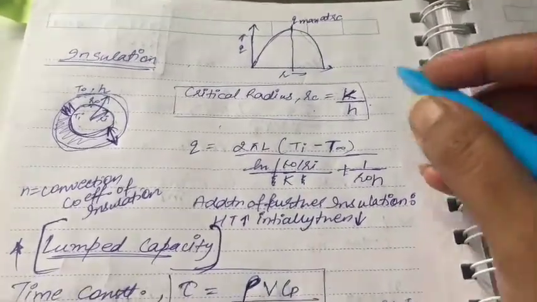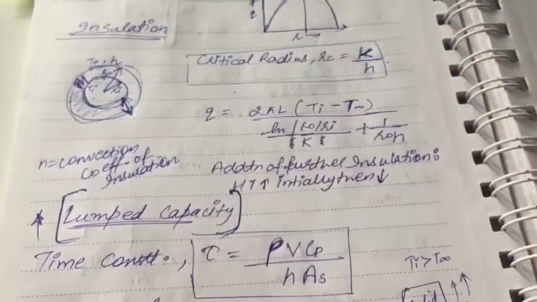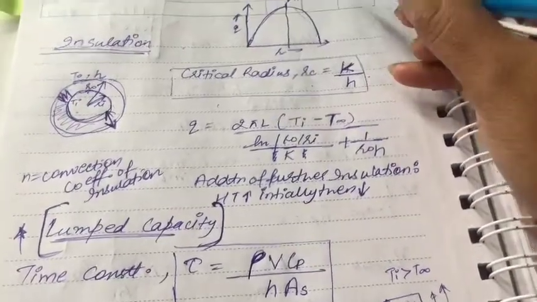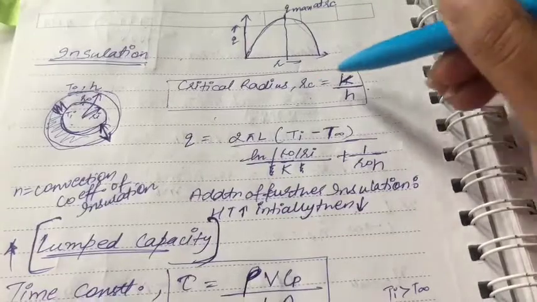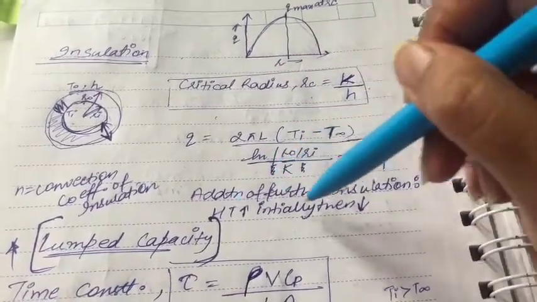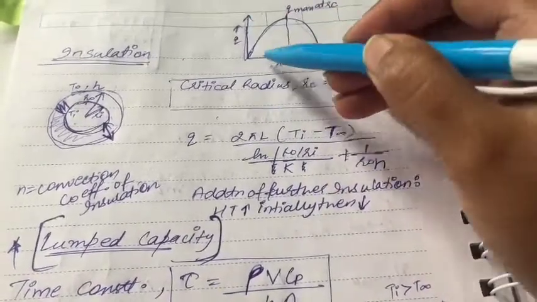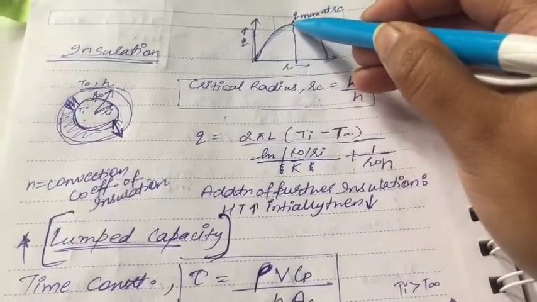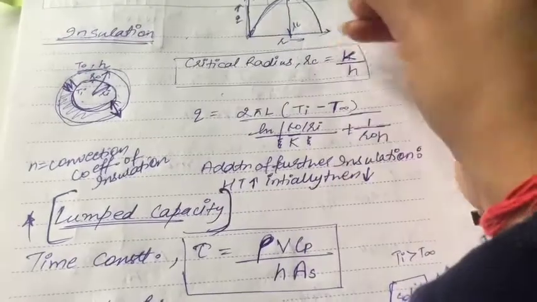So critical radius is how much radius of insulation should be added to get the maximum heat transfer, because when we add insulation after critical radius, there is a decrease in heat transfer. This is the curve that depicts that by increasing the radius of insulation till the point RC, we get Q maximum.